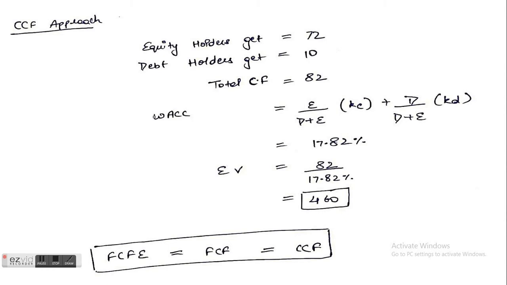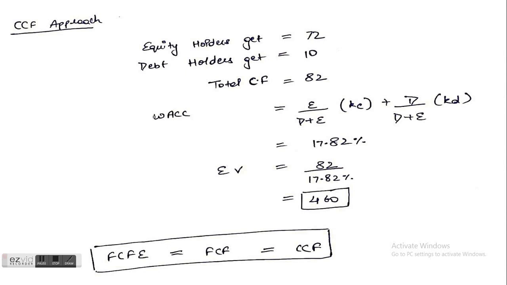Now since this 2 is already incorporated in the numerator, we will not incorporate it in the denominator. If you now see the formula of weighted average cost of capital, the KD, the cost of debt, is not multiplied by 1 minus T, which is 1 minus tax rate.